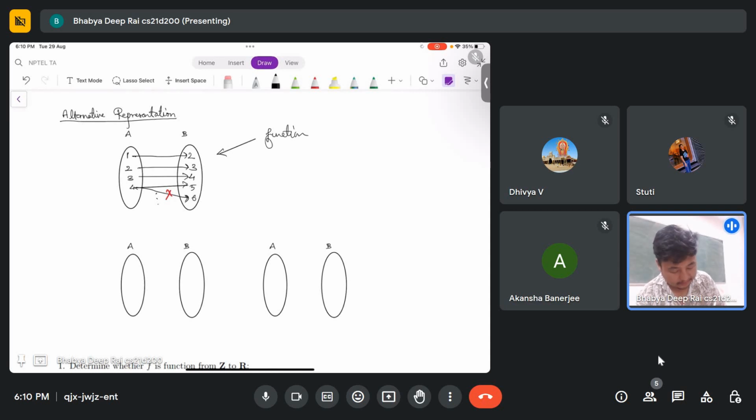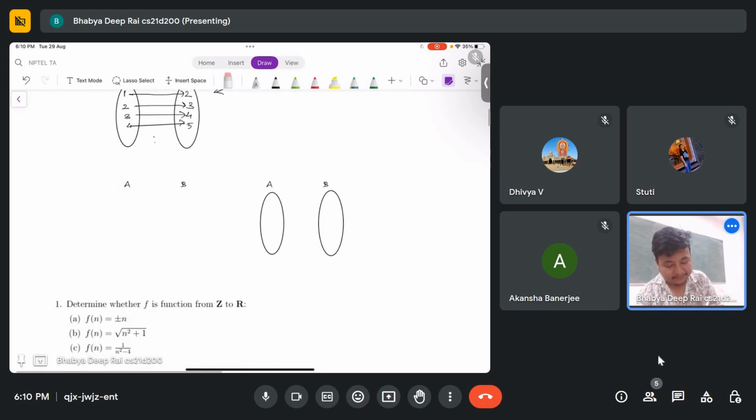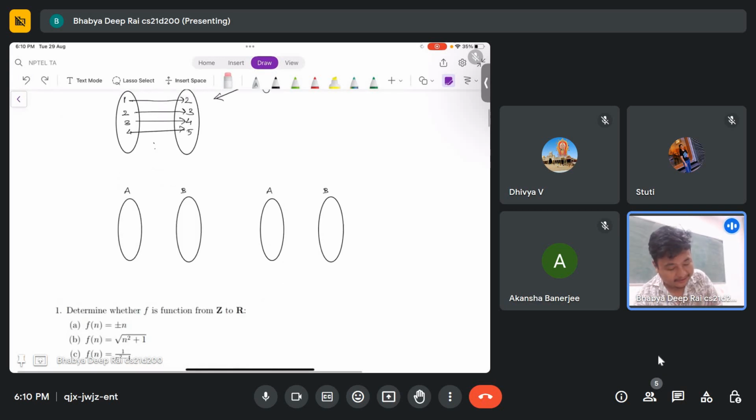One thing I'll show you: anything that maps this way and that way.